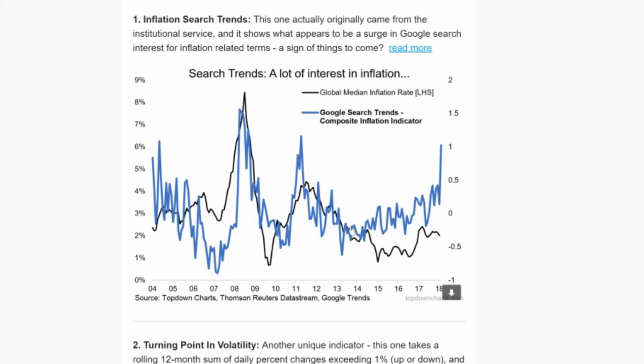In those two situations, it was more reactive or coincident, even slightly lagging. You might wonder whether the current increase is perhaps predictive, a sign of things to come. It's definitely something to keep an eye on, because if we see a global generalized increase in inflation, that's going to have a pretty meaningful impact on the central banking outlook.